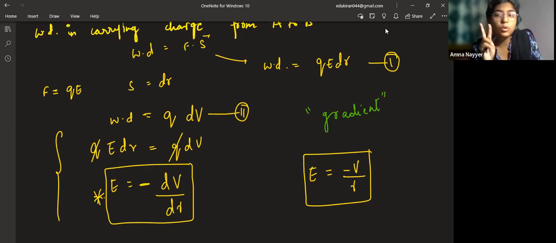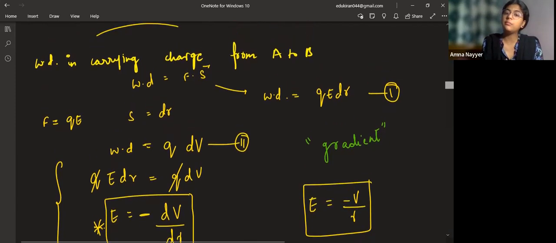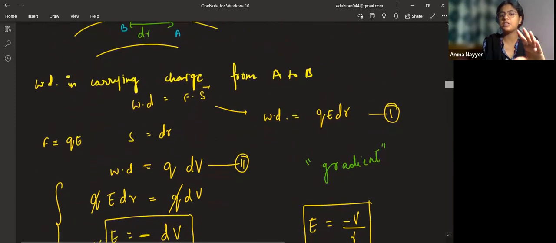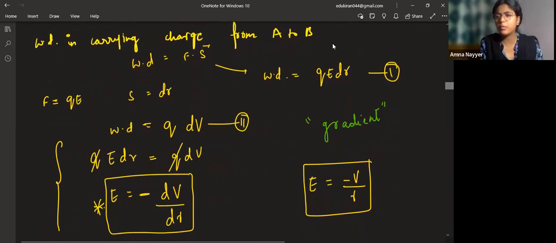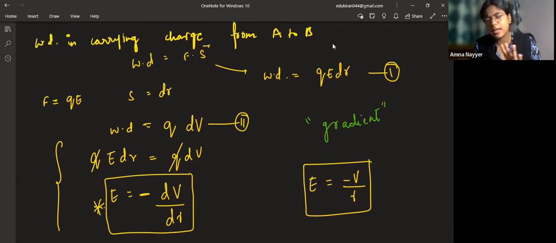So you have to mention that the electric field is directly proportional to the potential gradient according to this derivation, and you have to mention the negative sign as well, that the electric field decreases in the direction where potential increases. This derivation also comes in your 3-mark questions: establish a relationship between electric field and potential. This can also be used.